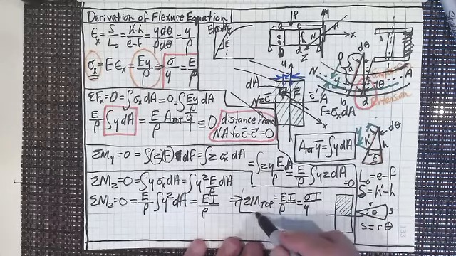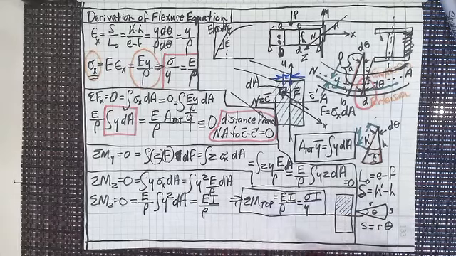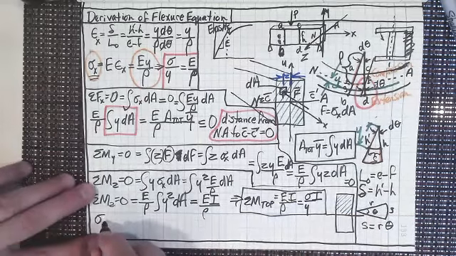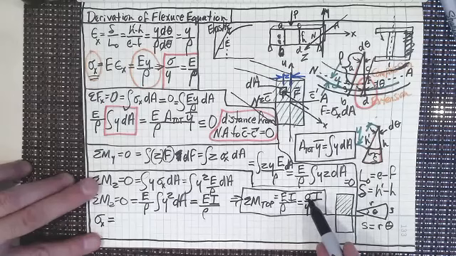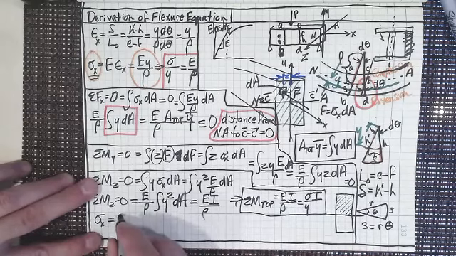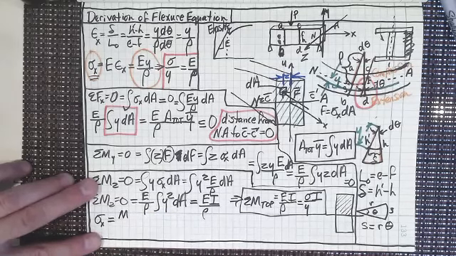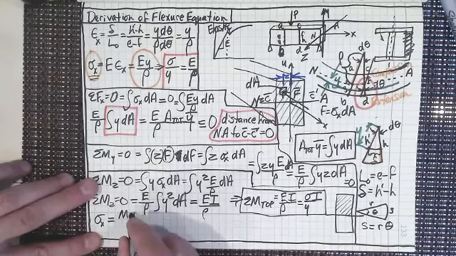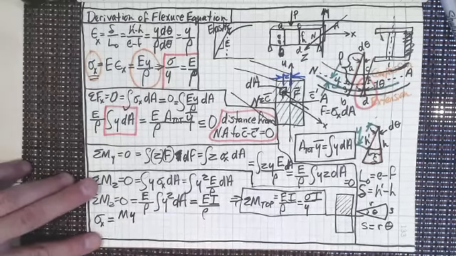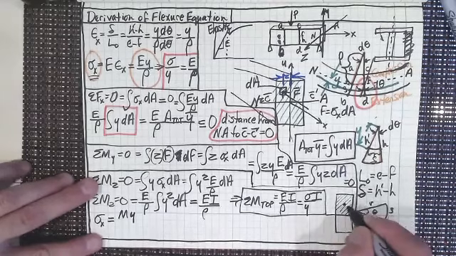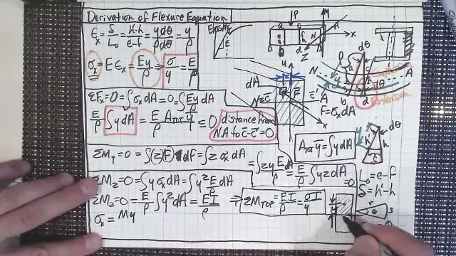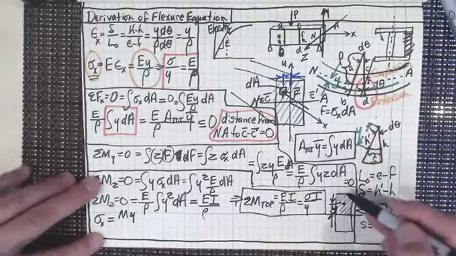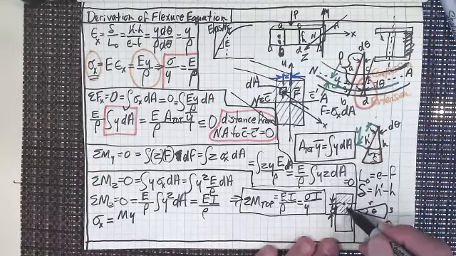And if I have that relationship, doesn't that also tell me that sigma, my stress in the x direction, because I'm solving for sigma, is going to be the bending moment times the distance from the neutral axis, that would be my distance y, over I. This distance right here is y.